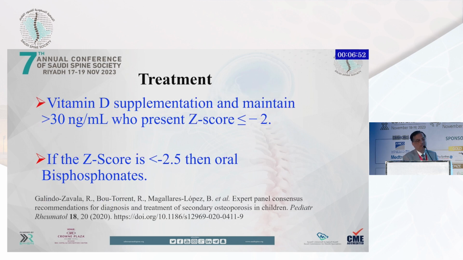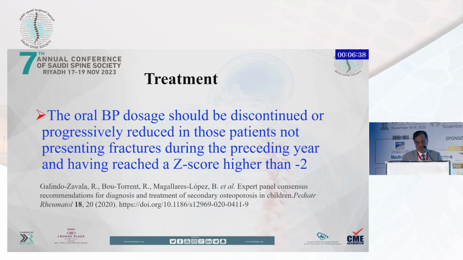Now, if vitamin D is low, we have to maintain it up to 30 nanograms per ml, and if the Z-score is -2. If the Z-score falls below -2.5, then this requires anti-resorptive treatment.